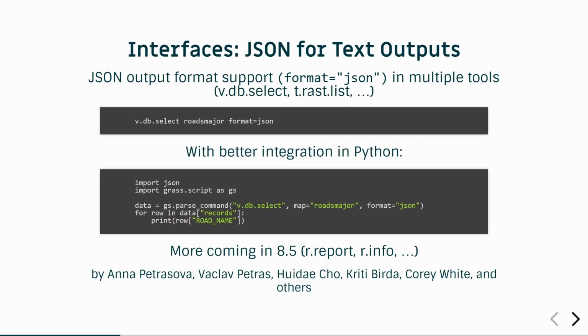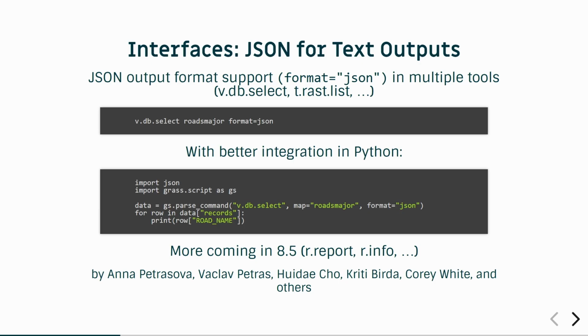And in terms of interfacing with these tools, we are adding JSON output to a lot of tools which have textual output and which create some metadata information about the data. Another case is this v.db.select tool, which is a vector database selection or querying tool.